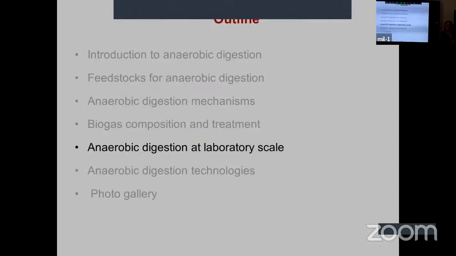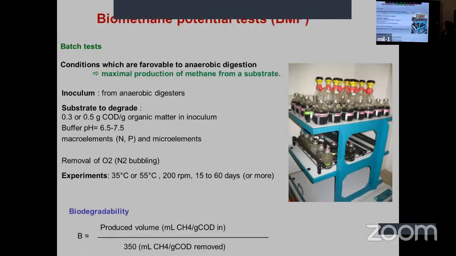So I now have a few slides to show how we proceed at the laboratory scale to study anaerobic digestion. First, the biomethane potential.